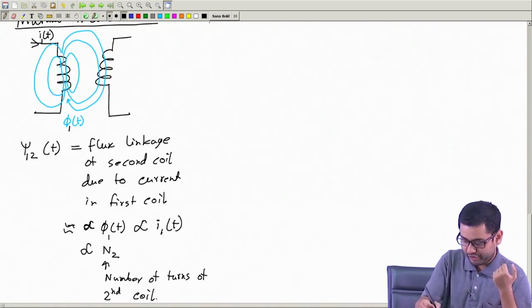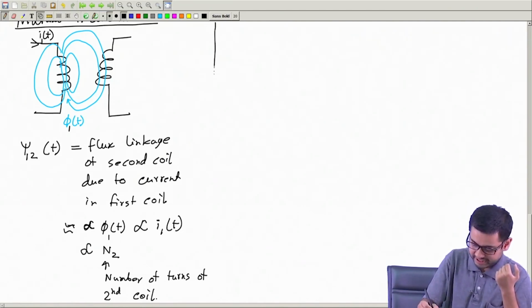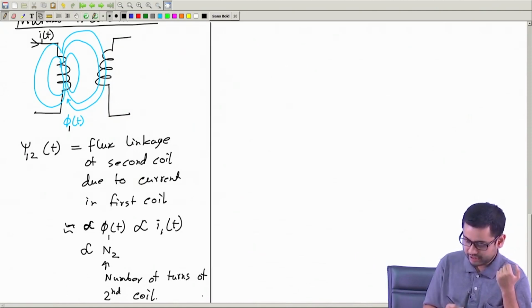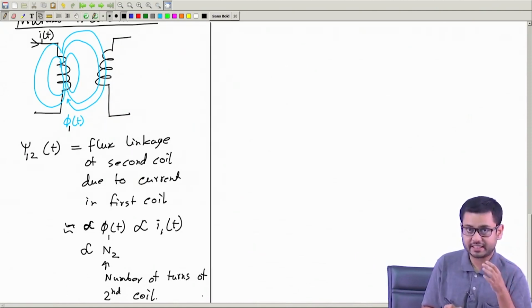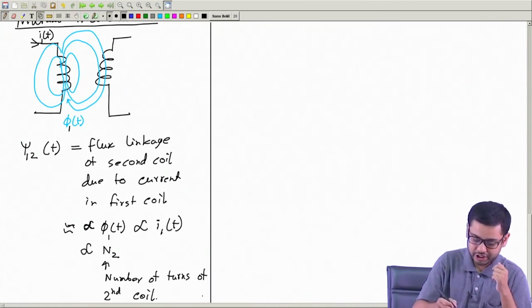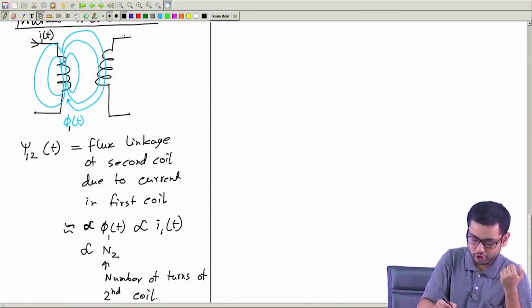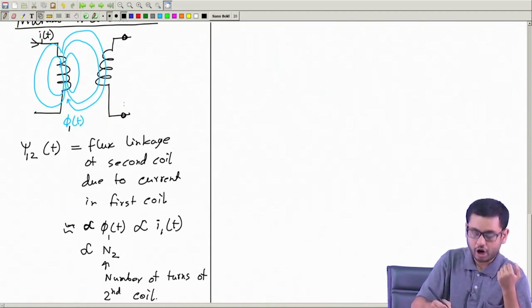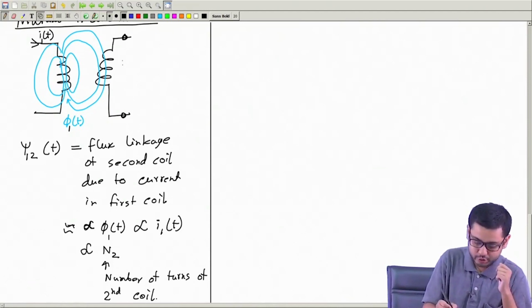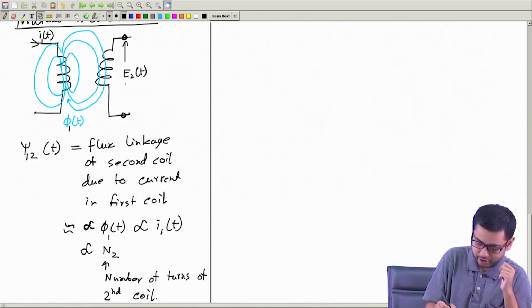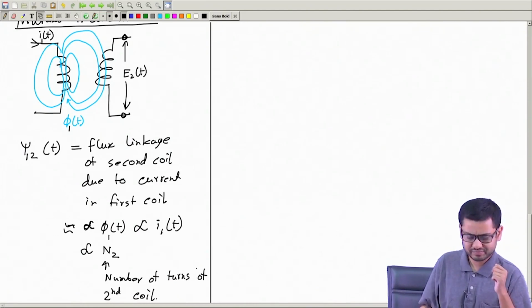Now let's apply Faraday's law. Michael Faraday says any coil, if it experiences a change in flux linkage, will generate an EMF. So therefore, if this current is changing, this flux is changing, therefore the flux linkage in the second coil is changing, so an EMF will be created between the two terminals of the second coil, call it E2. This can be also a function of time, E2t.